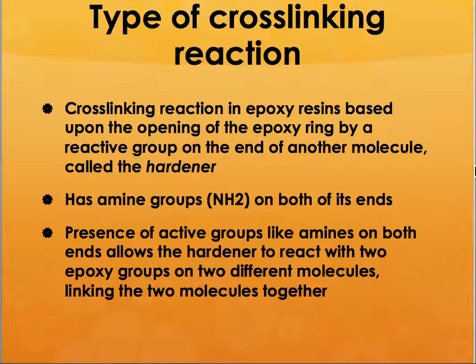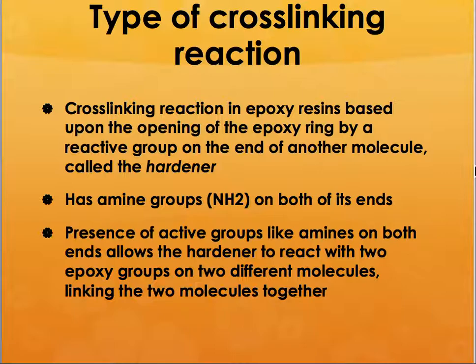So the cross-linking is what typically happens in the curing reaction. It is based on opening up of the epoxy ring by a reactive group, and that reactive group is part of another molecule called the hardener, and they typically have amine groups or ammonia groups at both its ends.